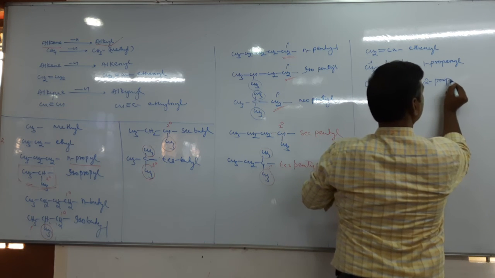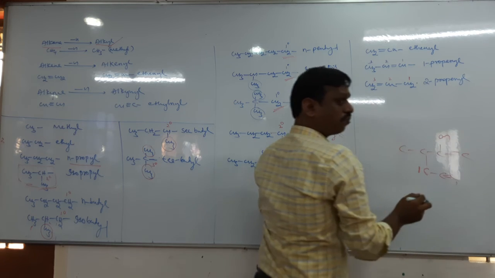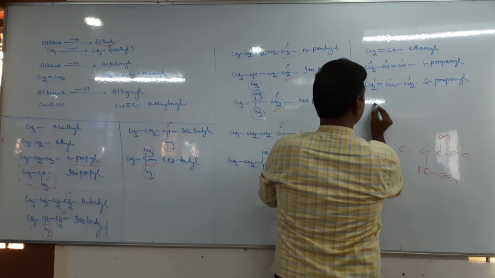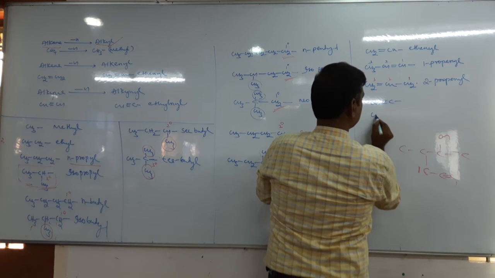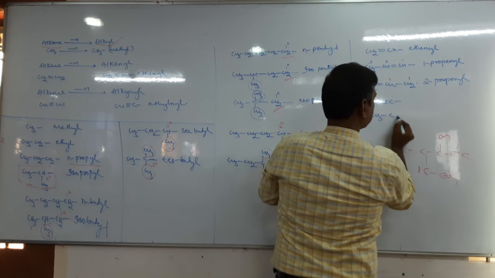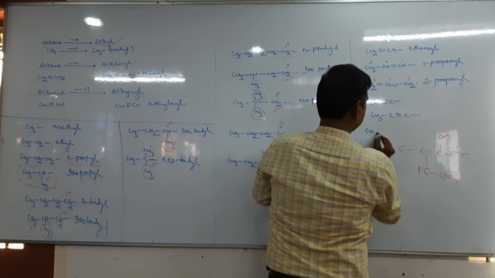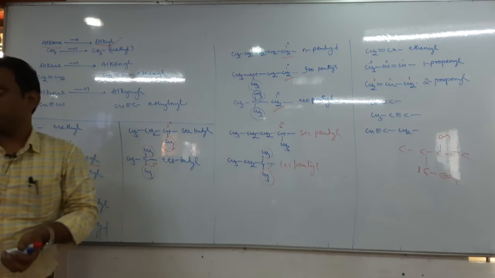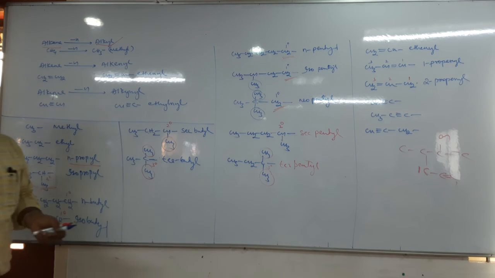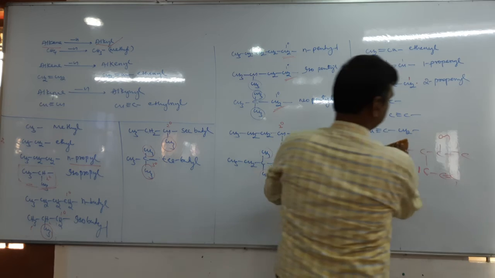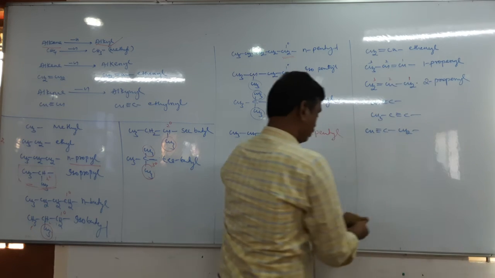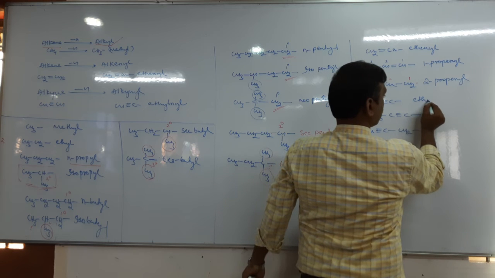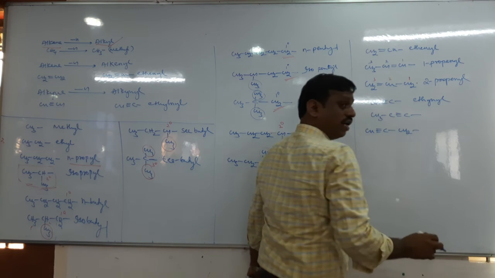2 propenyl. Like butenyl, pentenyl you can write. Similarly, if it is a CH triple bond C, CH3, C triple bond C, CH triple bond C, CH2, write the name. Alkyne, alkynyl. So what about this? Ethynyl.